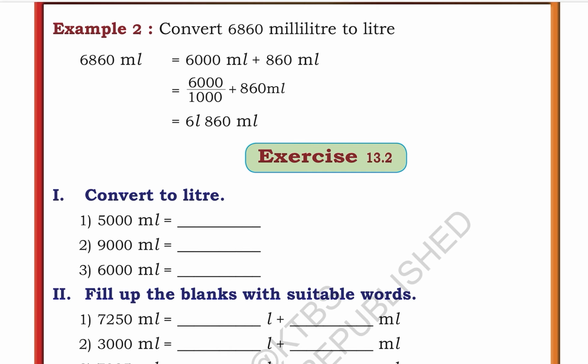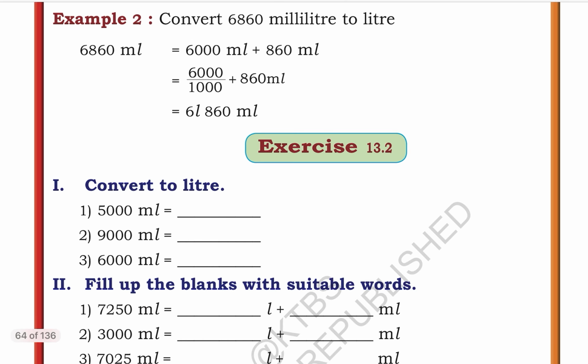Same, 6860 milliliter to liter. Here, there is some complication in this question, right? You have to split this 6860 into 2 parts, because this value is in thousands. Whatever value has a place value of 1000, you have learnt in place value, right?